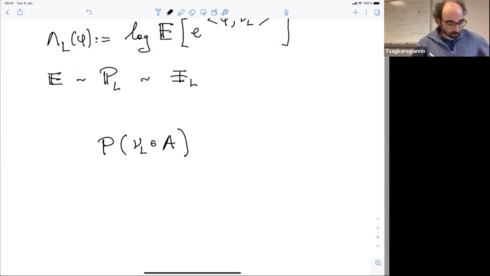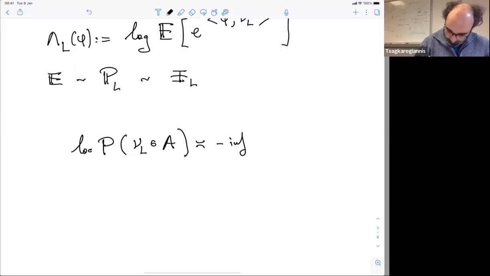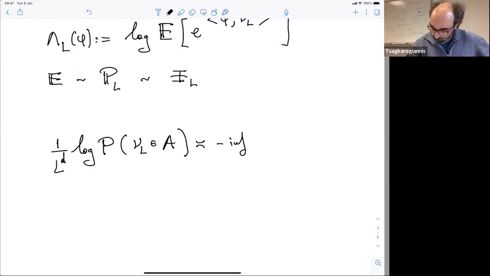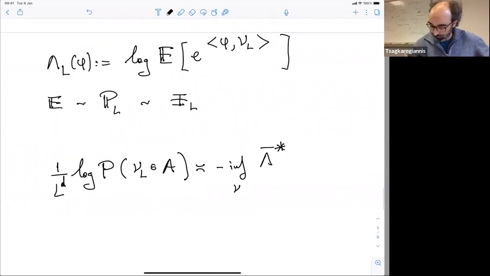is asymptotically equivalent with the minus infimum, so actually the log of this, and it has to be normalized by the volume. The minus infimum of a functional, which is the dual of this log moment generating function.